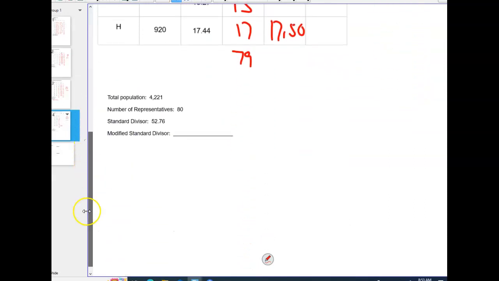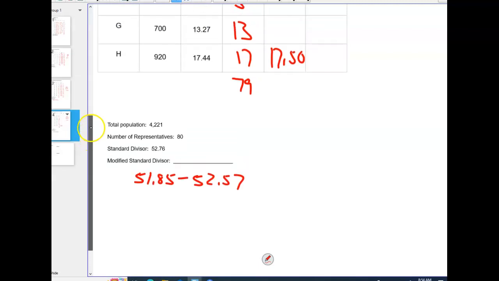And really, any number between 51.85 and 52.57 will work.